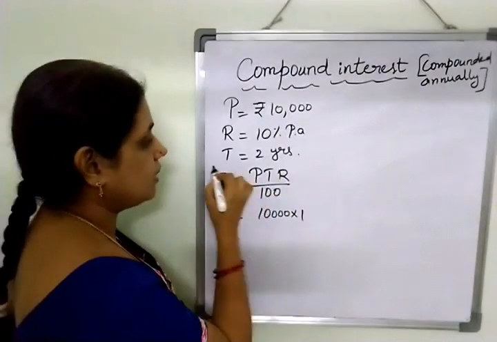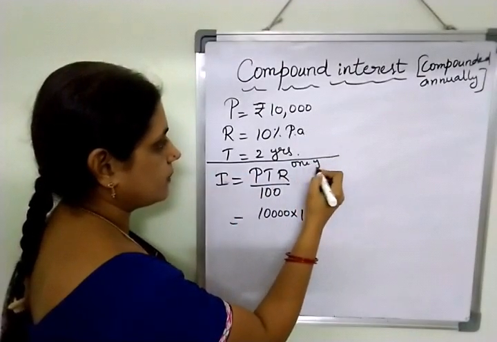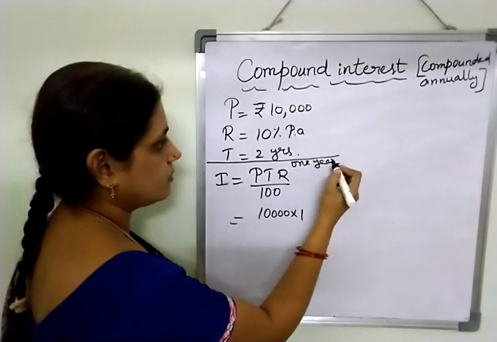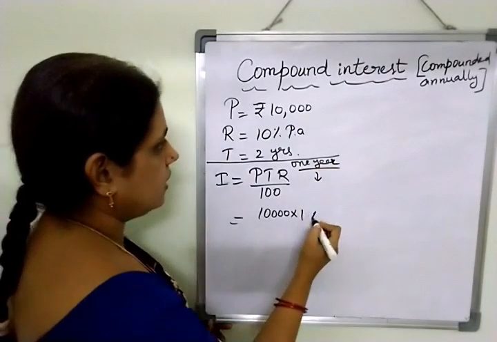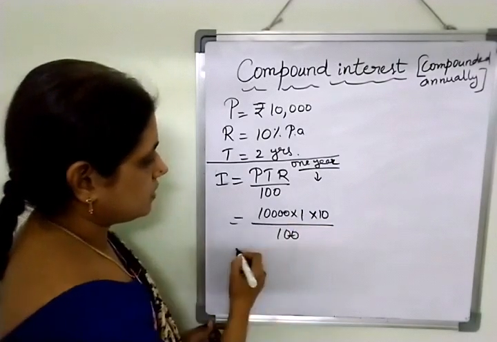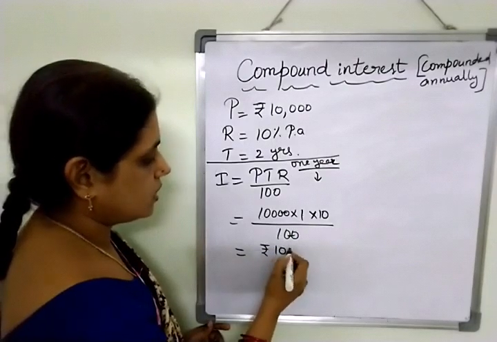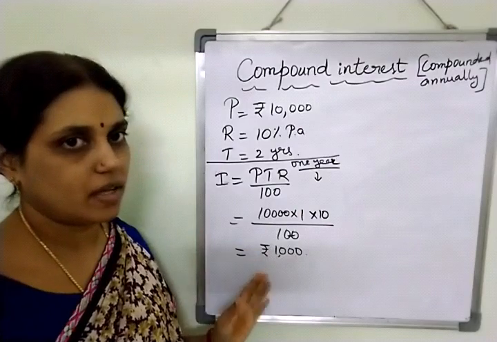First for 1 year only we are calculating now. So into 1 into 10 by 100, that is 1,000 rupees.